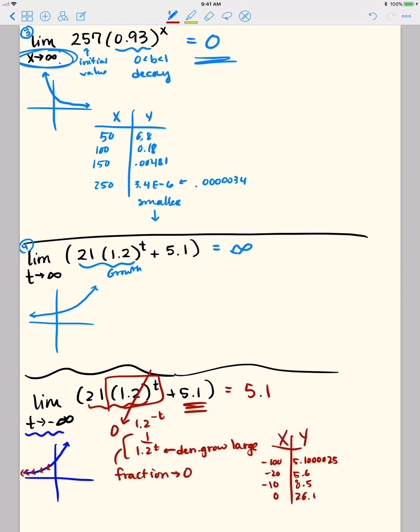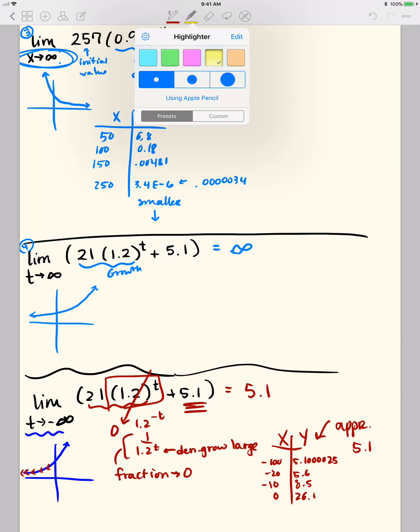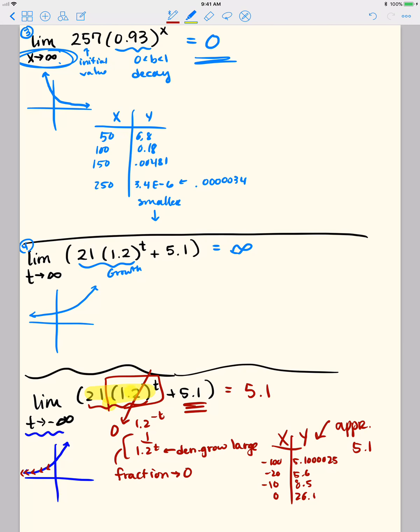You can keep going even further if you want. But the idea here is those y values start to approach the number 5.1 because it's sitting on this horizontal asymptote. So the exponential piece is going to 0, but you're left with this 5.1, and that's what the function value approaches as the t value gets infinitely negative. So the limit here is 5.1.